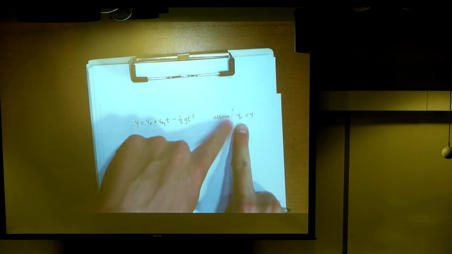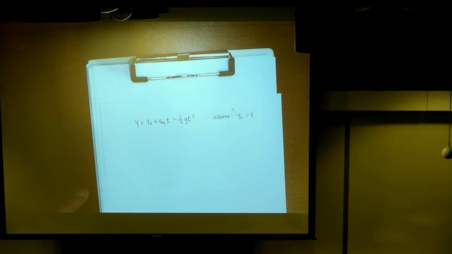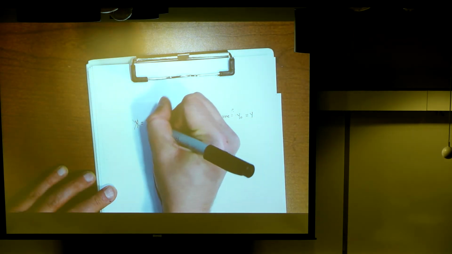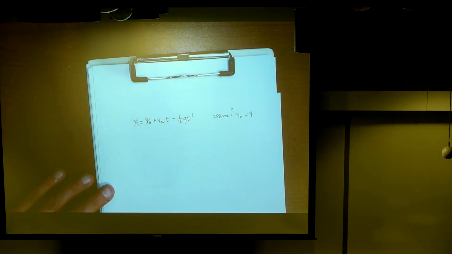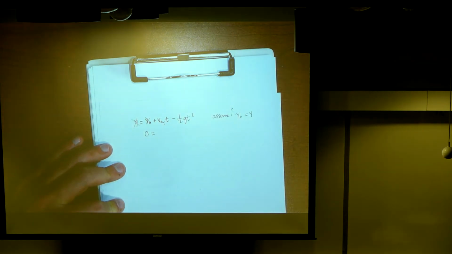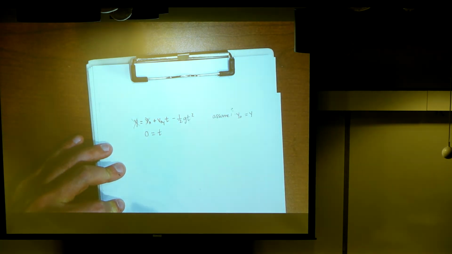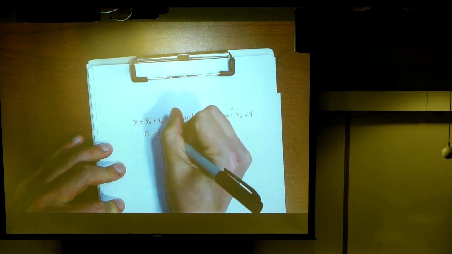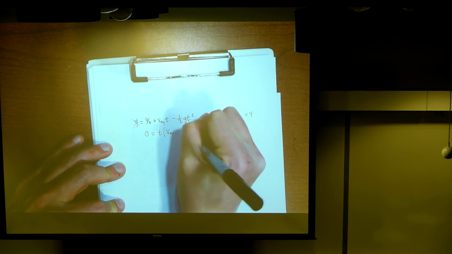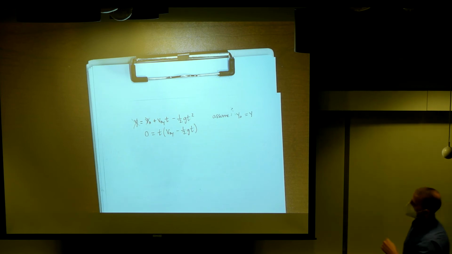We are launched from and land at the same height. So these two terms cancel each other out, assuming equal heights. Then we'll have 0 equals these two terms added together. But notice I can pull out a factor of t. So I can write this as 0 equals t times v naught y minus 1/2 g t.